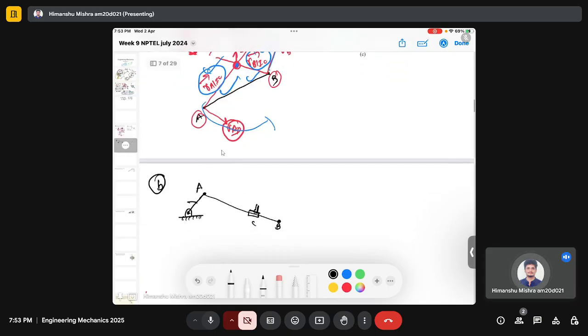So this is rotating with an angular velocity omega. As this is rotating with an angular velocity omega, this is actually going in this direction. Point A is actually moving in this direction.